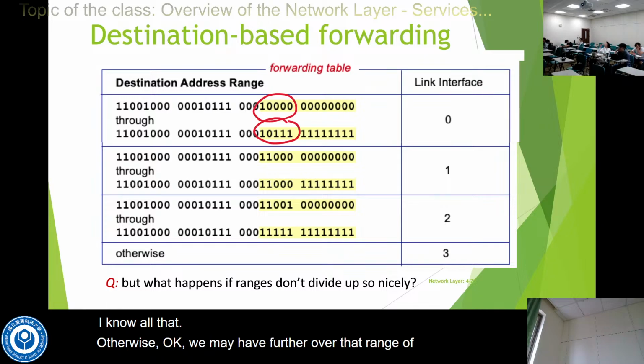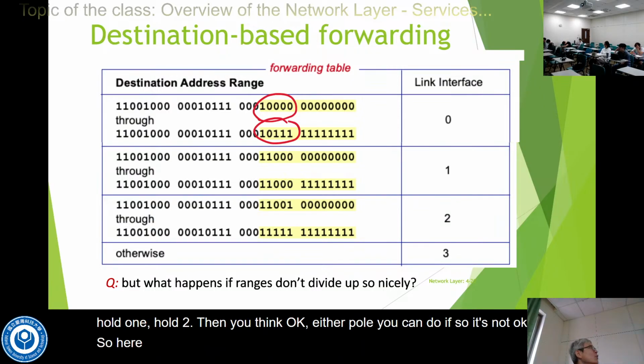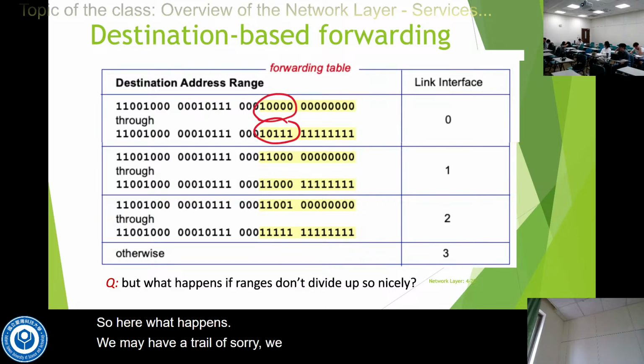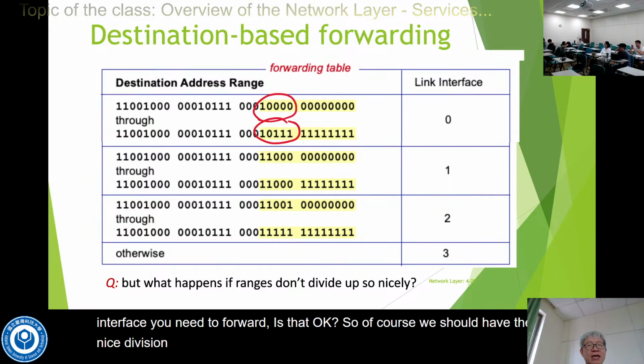Which port, port 1 or port 2? Then you think, either port you can do. If so, it's not okay. We may have a dilemma: which port or interface do you need to forward to? So of course, we should have a nice division so that we don't have overlap.